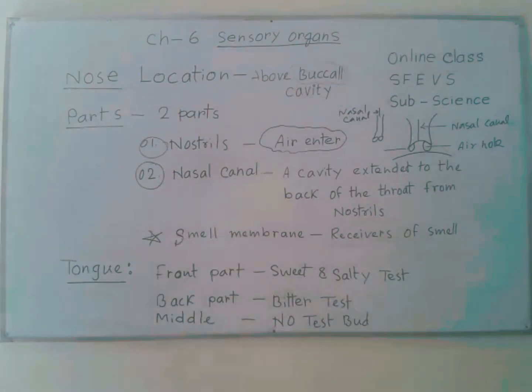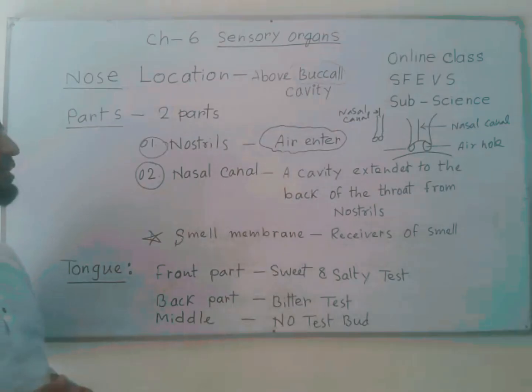So I am repeating about the nose. The nose is located above the buccal cavity. What cavity? Buccal cavity. And it has two parts. One is the nostril and another is the nasal canal. Air enters through the nostril and the nasal canal.